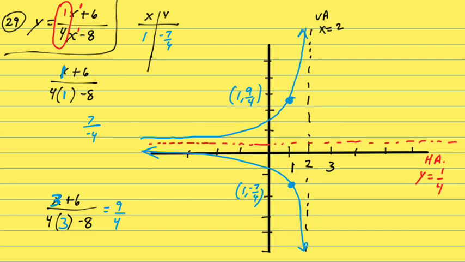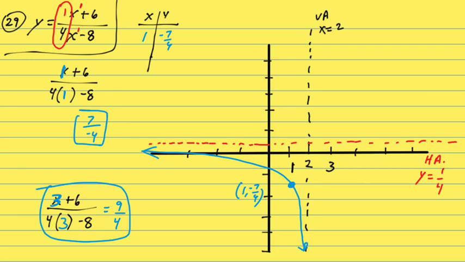I apologize, something is wrong here, because what did I just put in? I put a 3 in to get 9/4, right? So it should be over here, shouldn't it be? 3 and 9/4, curving from asymptote towards the asymptote.